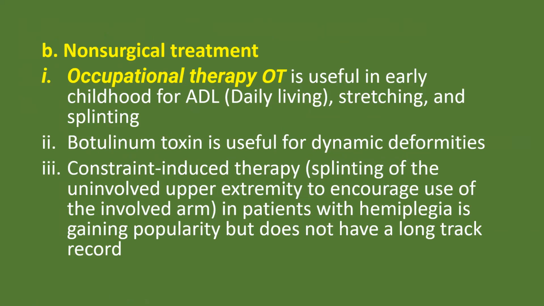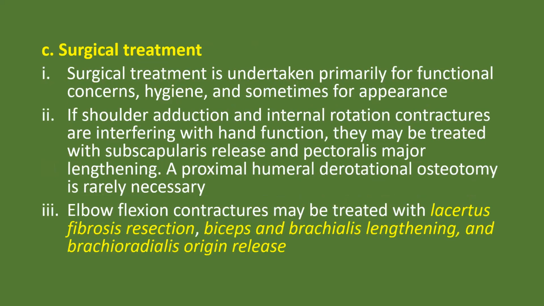You splint it to prevent it from being used, so the child is forced to make use of his hemiplegic extremity or of his spastic extremity. This is becoming more and more popular. Surgical treatment is undertaken primarily for functional concerns, hygiene, and sometimes for appearance.